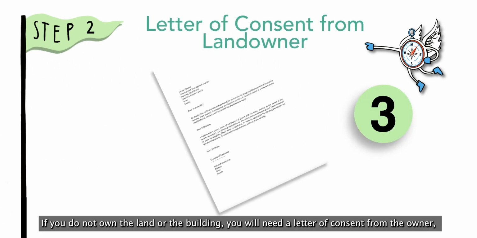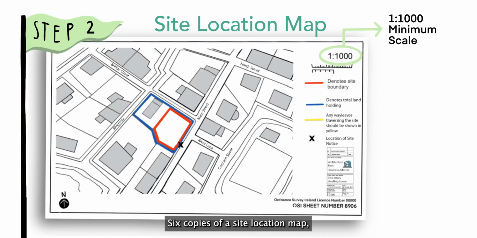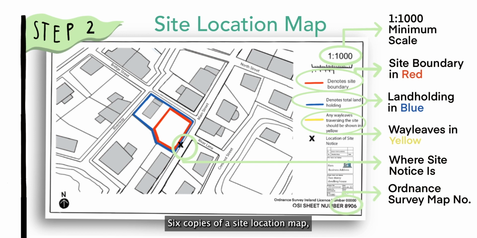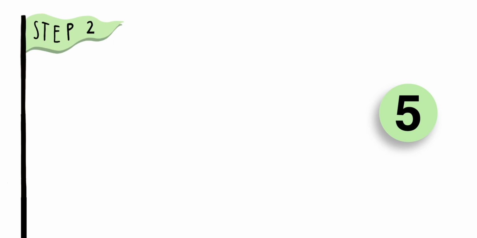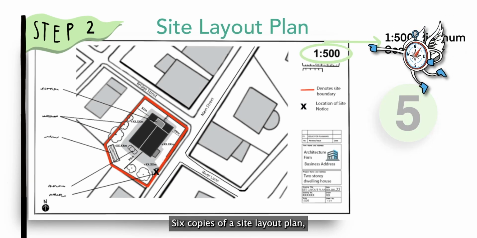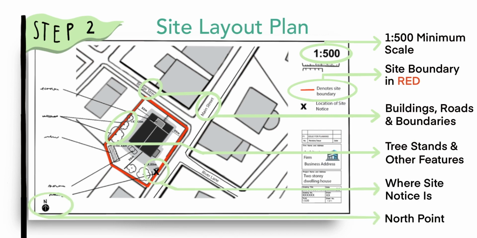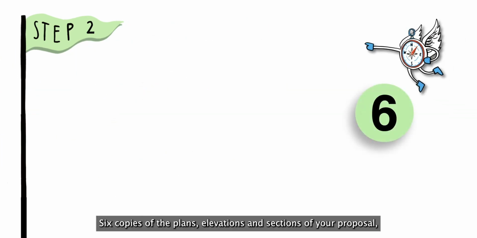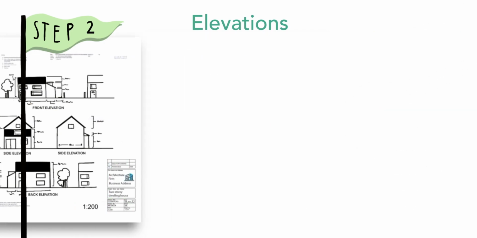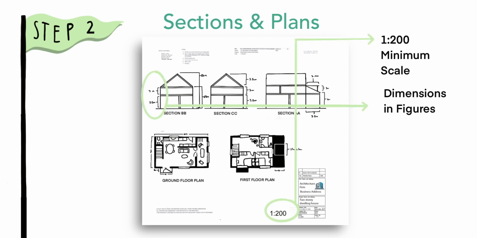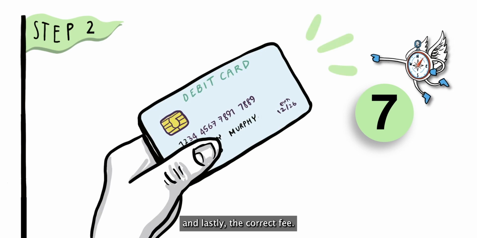If you do not own the land or the building, you will need a letter of consent from the owner, 6 copies of a site location map, 6 copies of a site layout plan, 6 copies of the plans, elevations and sections of your proposal. And lastly, the correct fee.